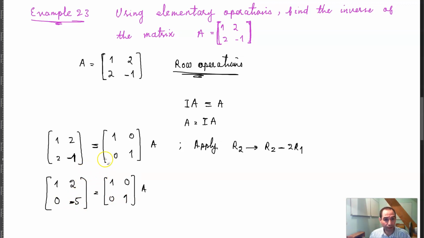Now the next step is, in order to make this a 1, I can multiply this row by negative 1/5. So I take R2 and write it as negative 1/5 times R2. Negative 1/5 times negative 5 would be a 1, and negative 1/5 times the 0 is equal to 0. So the only thing that happens is that this becomes a 1, which is what I want, right?